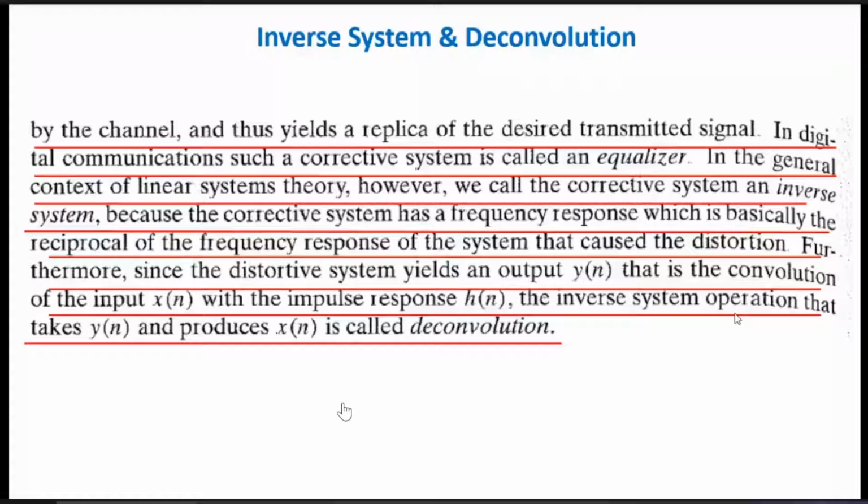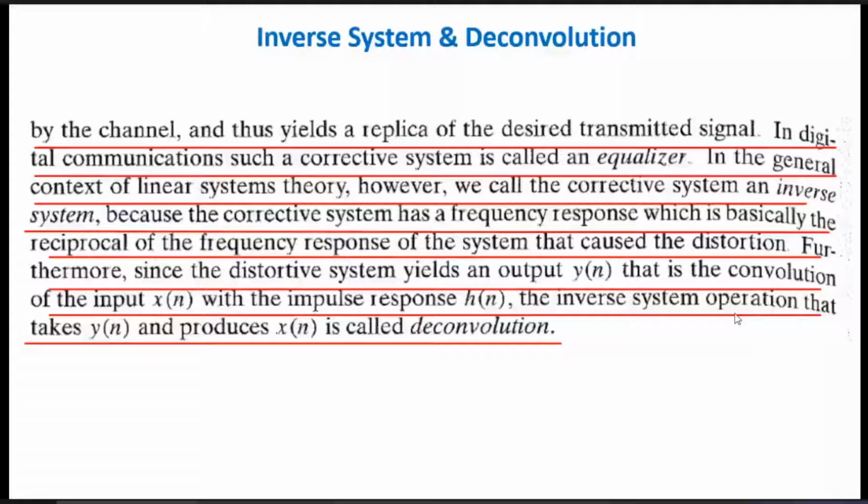And that corrective system is actually called an inverse system. If you consider the frequency response, what type of problem occurs when a signal propagates through a channel? Actually, some frequency characteristics get changed, so those frequency characteristics should be rectified.